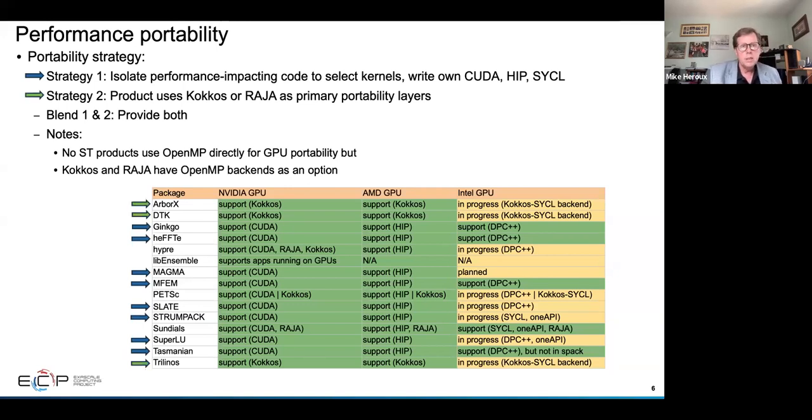Strategy two is to use one of these translation layers or portability layers like Kokkos or RAJA. And the libraries shown in green use those approaches. And then there's blending the two, and for example, hypre, PETSc, and SUNDIALS provide both types of approaches, where they have customization for the node-specific library like CUDA.